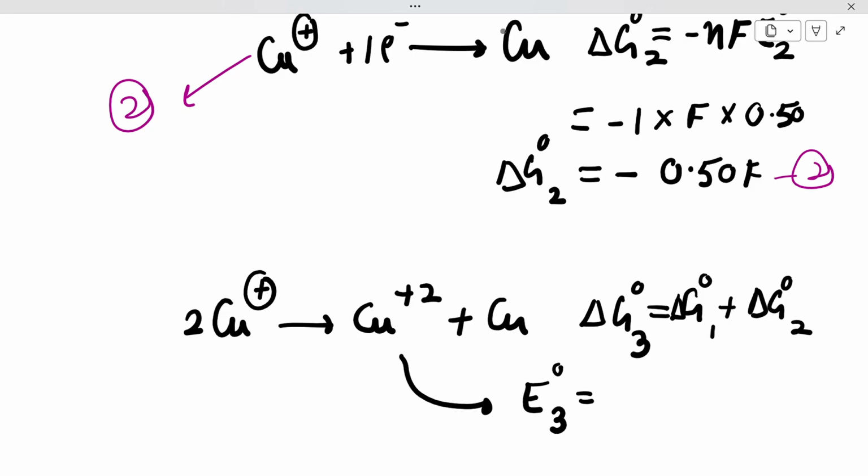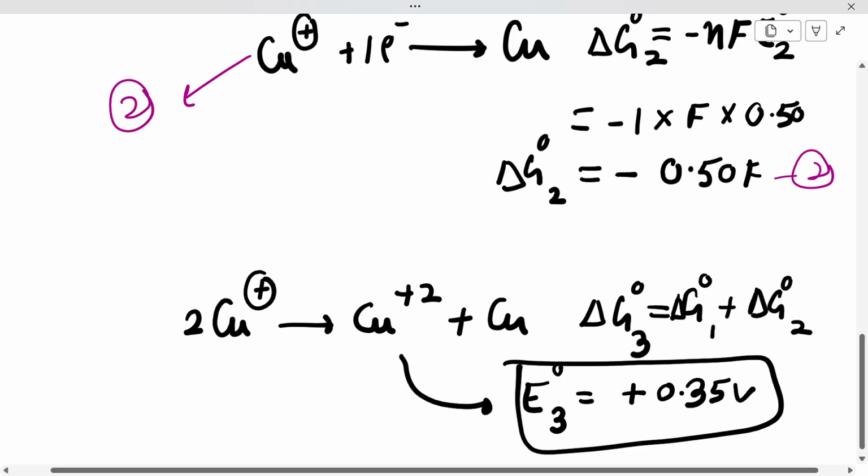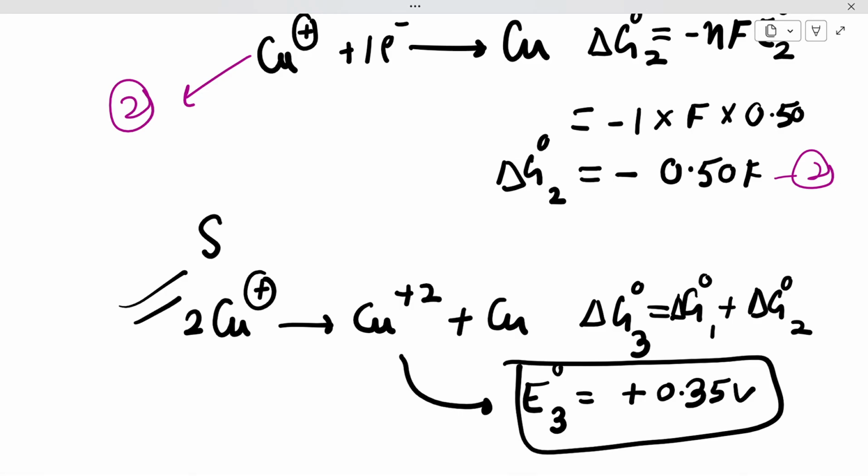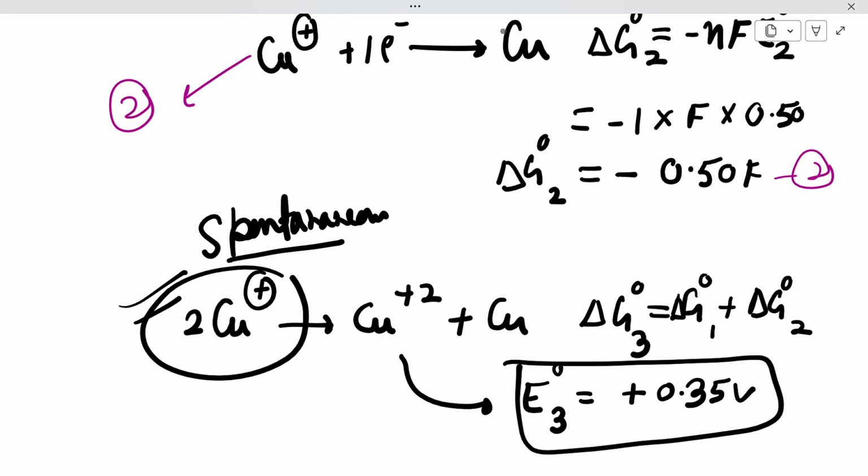So if we solve it, then E naught 3 for this reaction will be equal to plus 0.35 volt, because E naught is coming out as a positive value for this reaction.